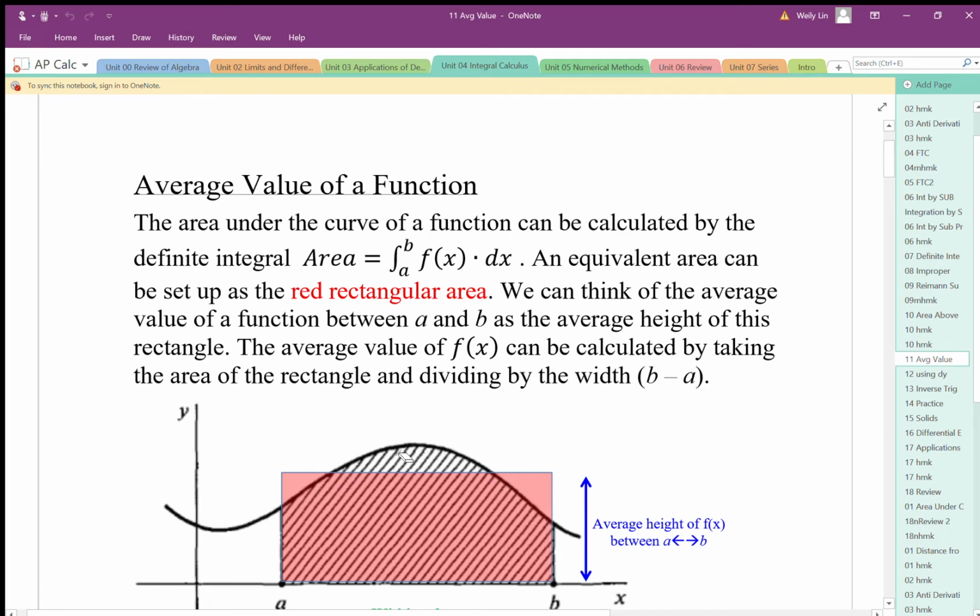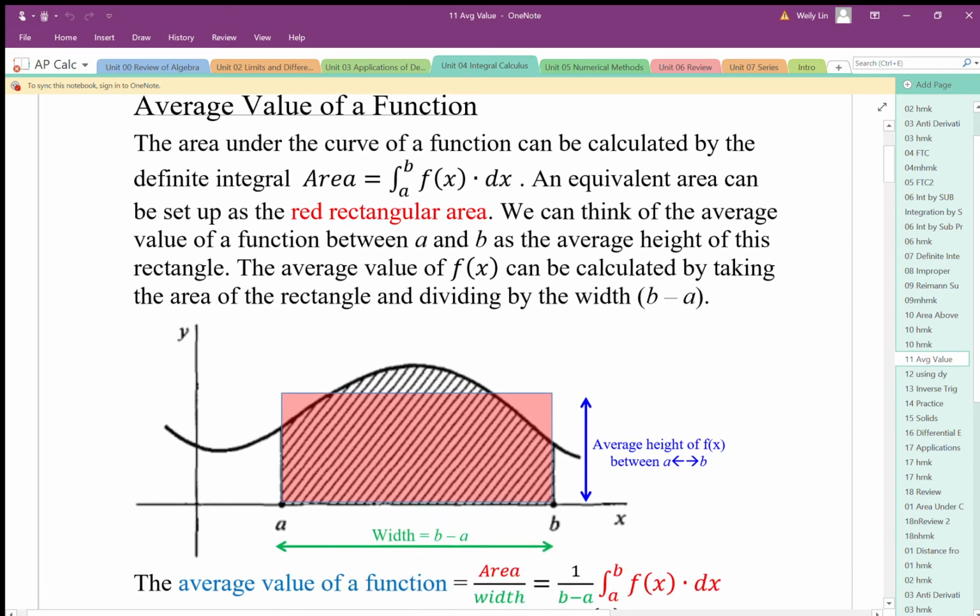Once we find the area under the curve, we can rearrange that area into a rectangular shape, and the height of that rectangle should be the average height of that function, because the area calculated under the curve equals the area of this rectangle, which is base times height. Then the height must be the average value of the y values of that particular area. So that's the idea.